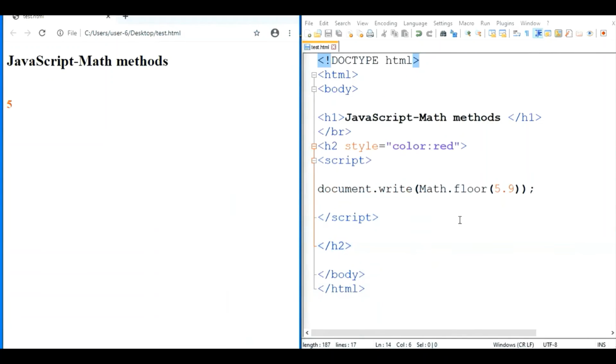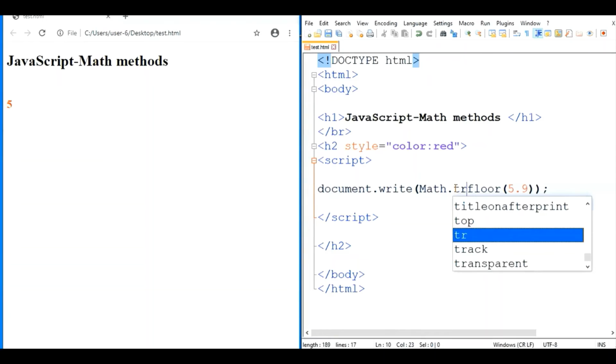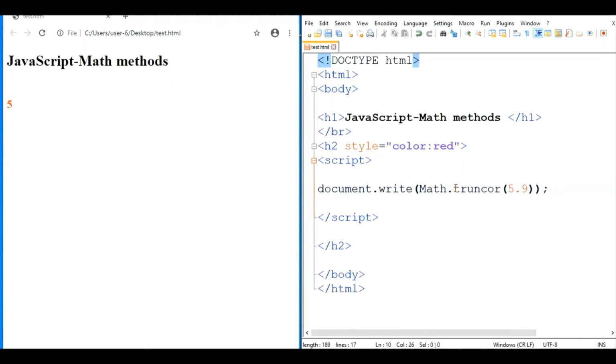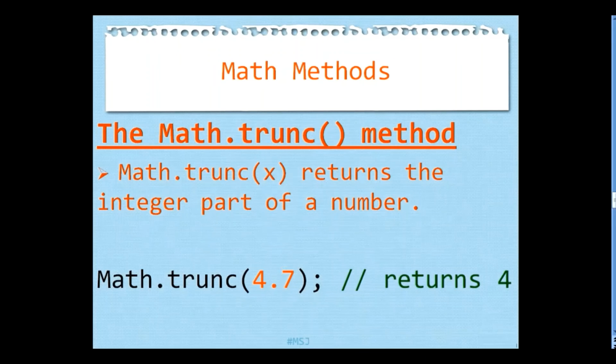We'll keep the same numbers, 5.7 or 5.9, and the answer is 5. If I give 7.1, it truncates to 7. So only the integer part of that number is displayed.